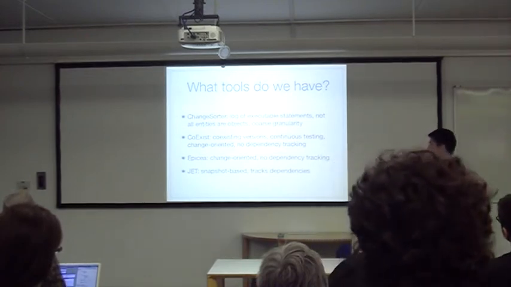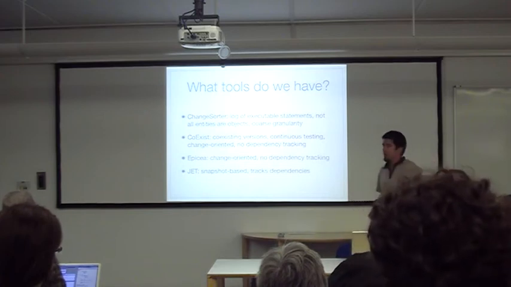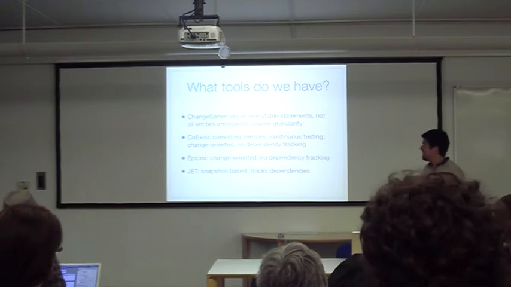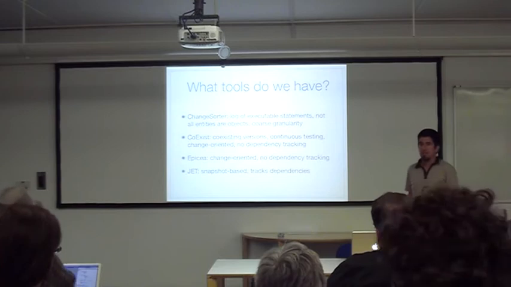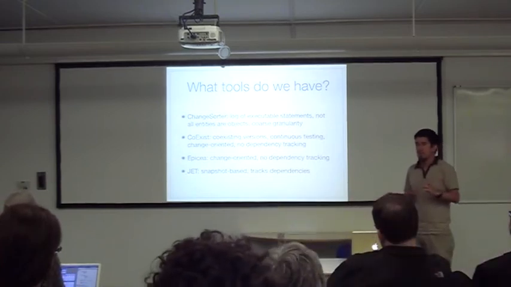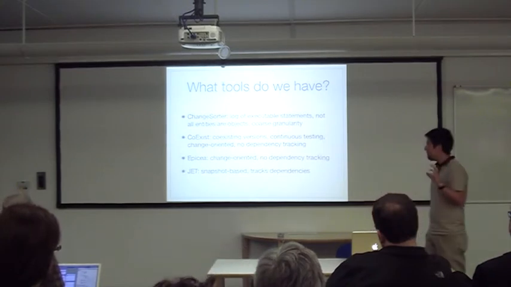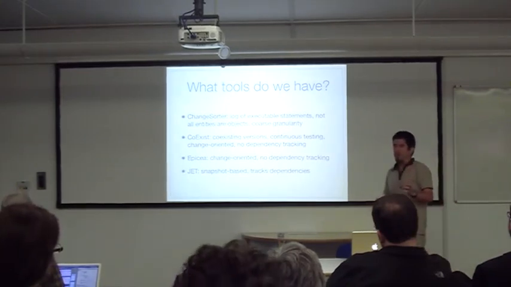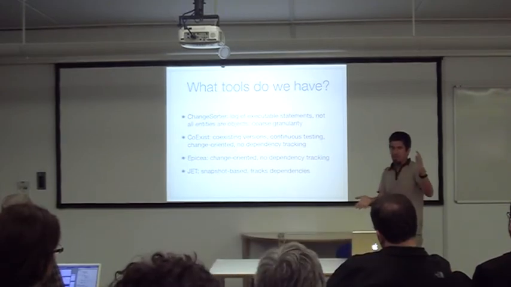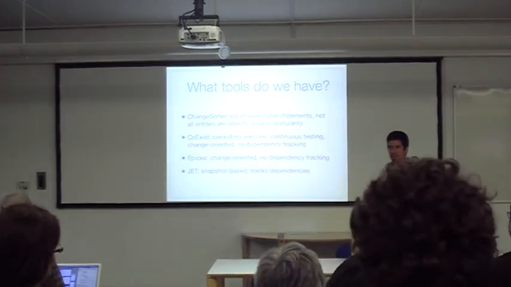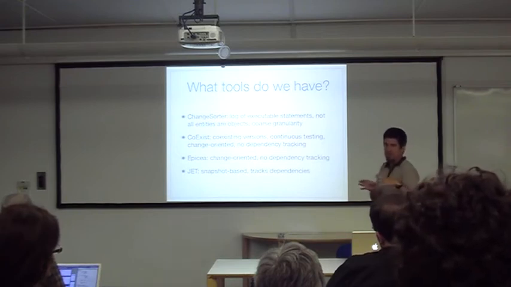We have the Change Sorter in Smalltalk for a long time, but it's a lot of statements. Not all entities are objects, and the granularity you have is kind of coarse. It's not very fine-grained. I mean, if you change a variable, it will appear in the Change Sorter as if you modified the whole class.